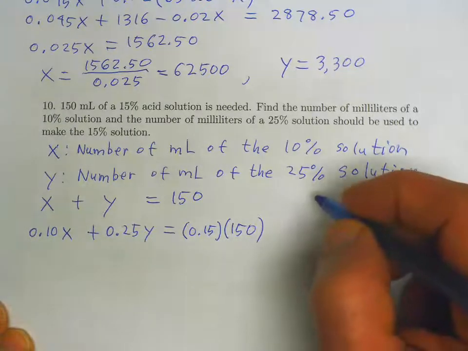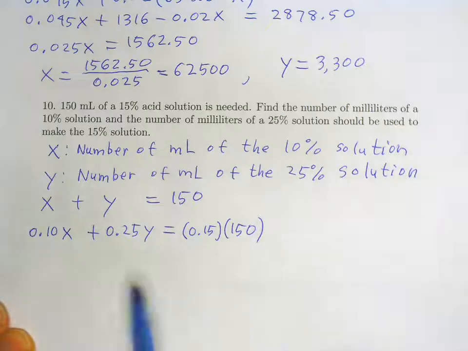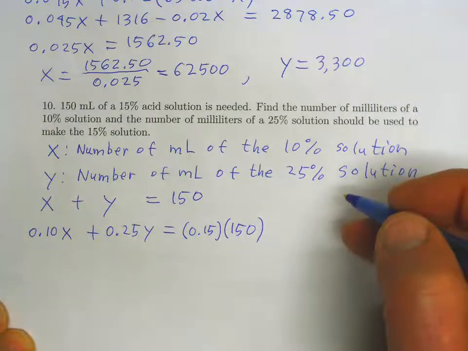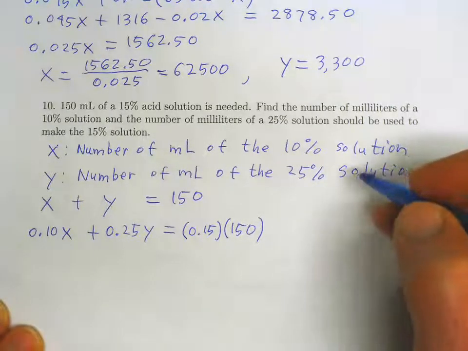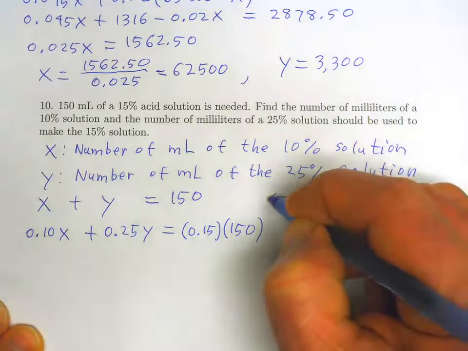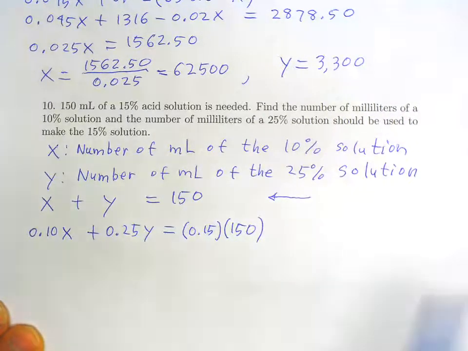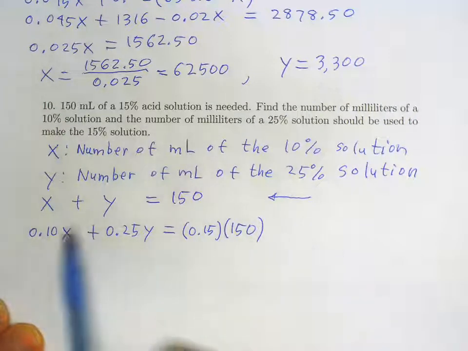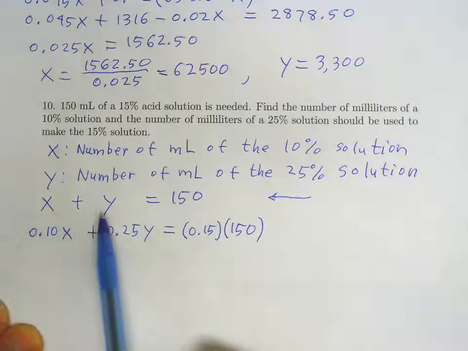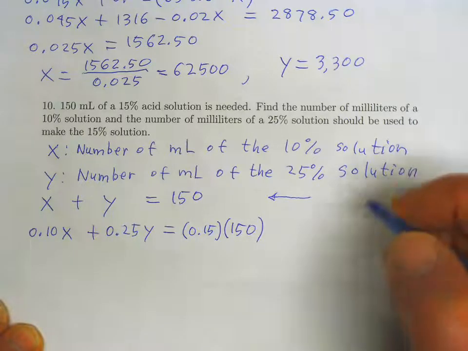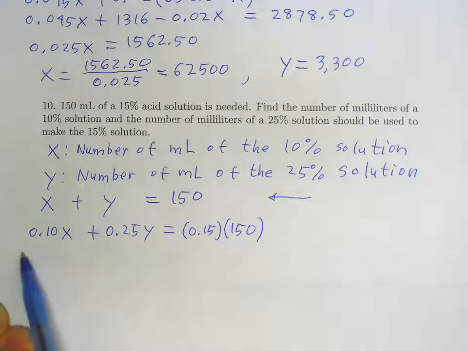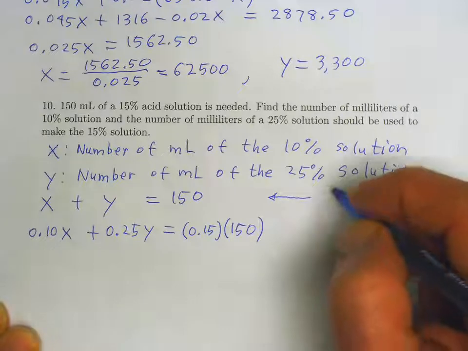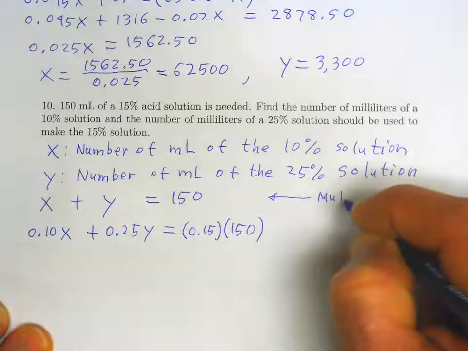So if you want to use the elimination method, well, there's more than one way to apply the elimination method, but I'm going to multiply every term on both sides of the top equation by negative 0.10.